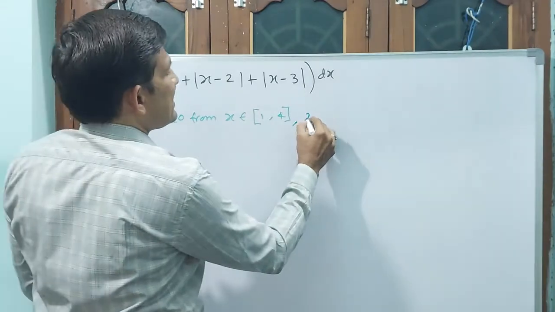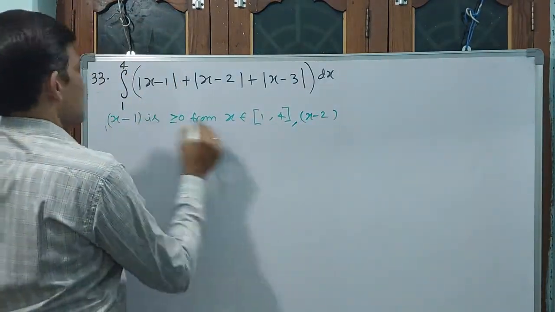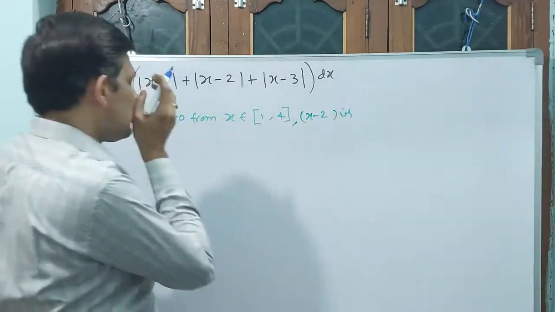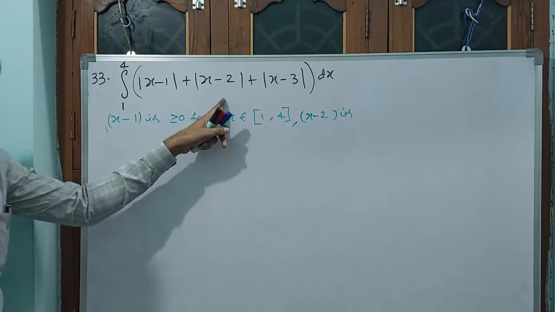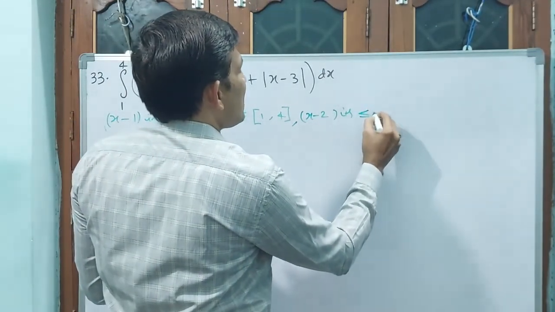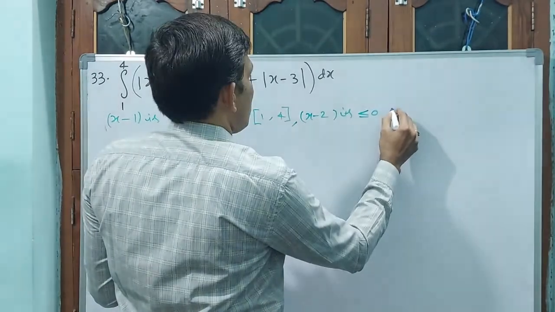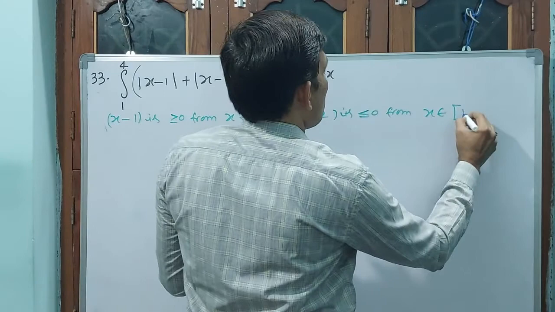Second thing I am writing, you see. X minus 2 is, you see here, 1 to 2 it is less than 0. Don't forget. Is less than or equal to 0 from x belongs to 1 to 2.